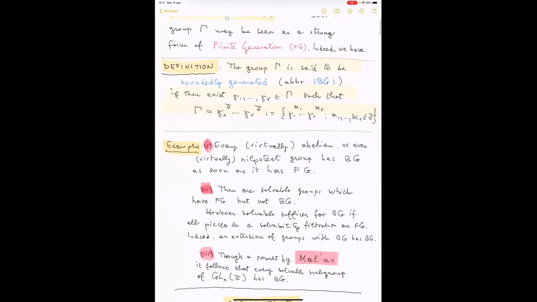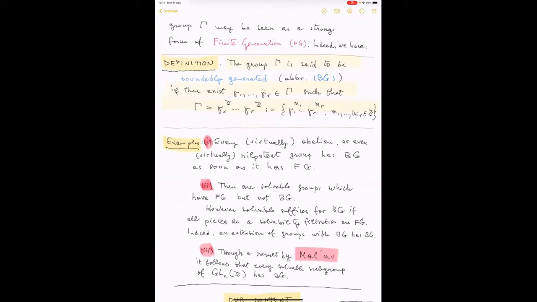So the definition is that a group gamma is said to be boundedly generated (BG) if there exist finitely many elements of gamma, gamma 1 to gamma r, such that each element of gamma is a product of powers of gamma 1, ..., gamma r in this order.